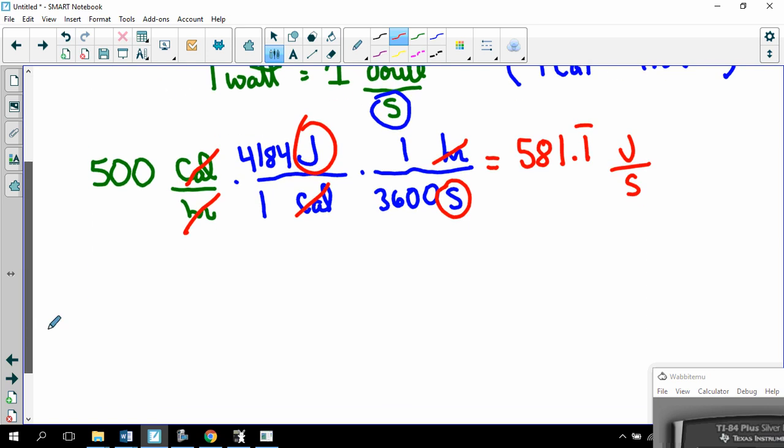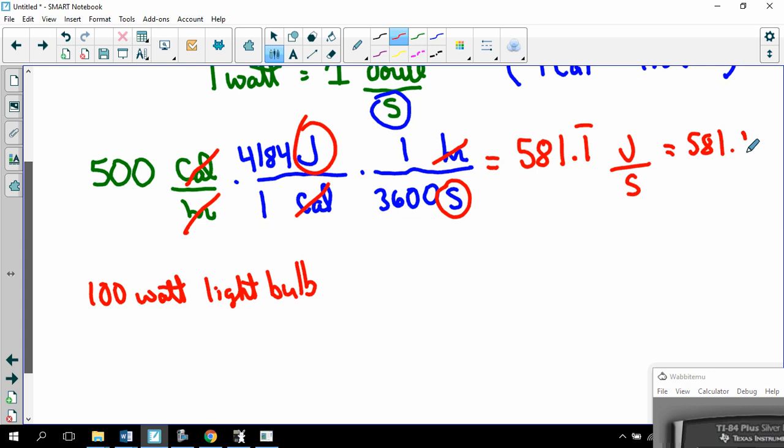Now, that's the rate of energy. Oh, by the way, joules per second is watts. If you have a 100-watt light bulb, you can basically light it with the power generated by you riding this exercise machine.